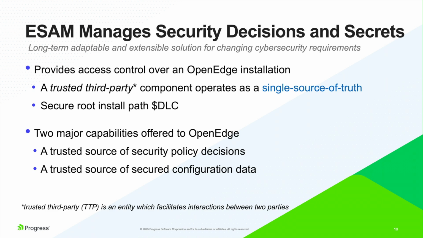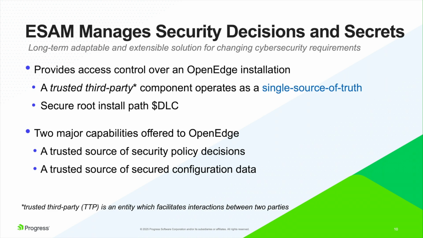The ESAM is a long-term solution to externalize security decisions, secrets, and administration. It is the core of OpenEdge security improvements in the future, including security concerns that we described earlier in the presentation. The ESAM provides access control for an OpenEdge installation, eliminating the potential for running malicious code in place of OpenEdge installation.